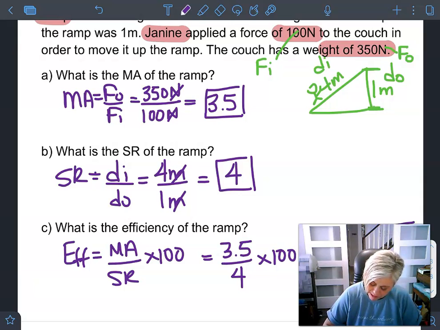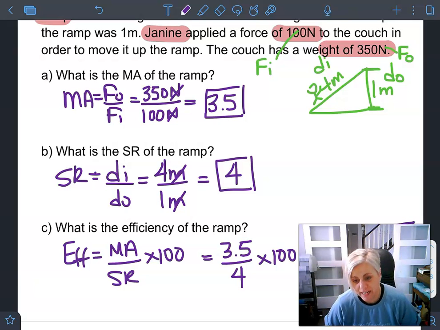Now the unit for this will be percent. So it's kind of like saying you scored 87.5% on a test. Sounds not too bad. Okay, so practice, you've got lots of things you can practice with, but efficiency is typically a 3-step question. All right, have fun with that.